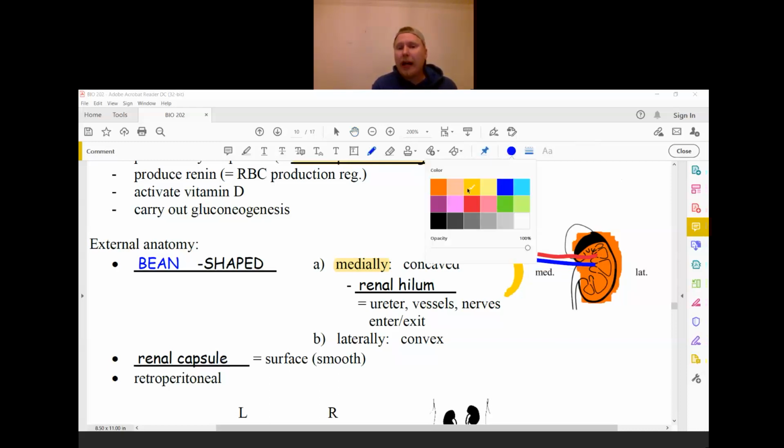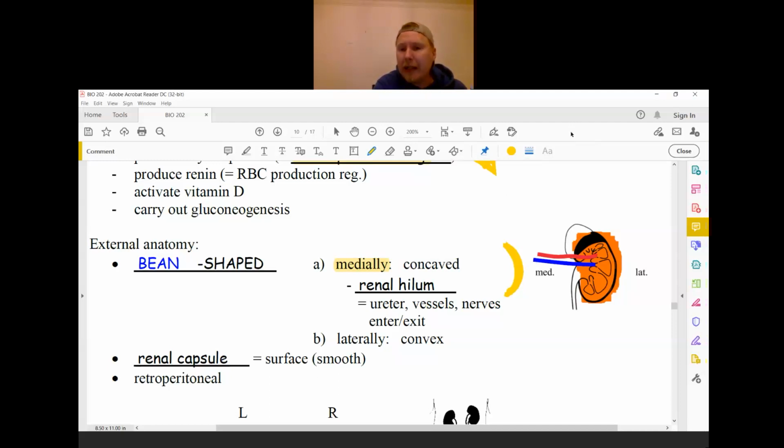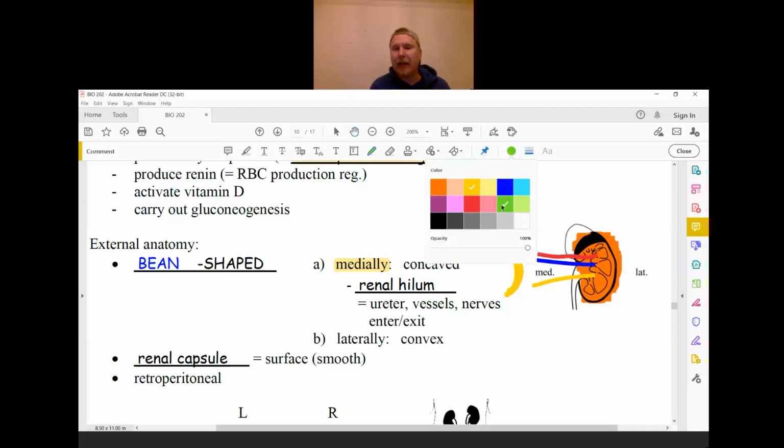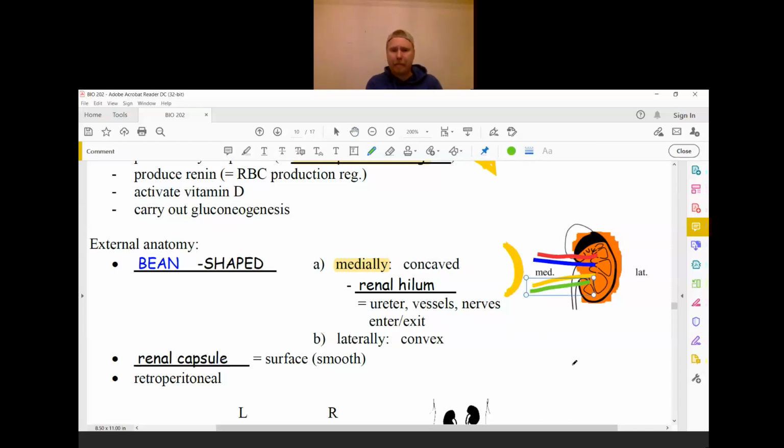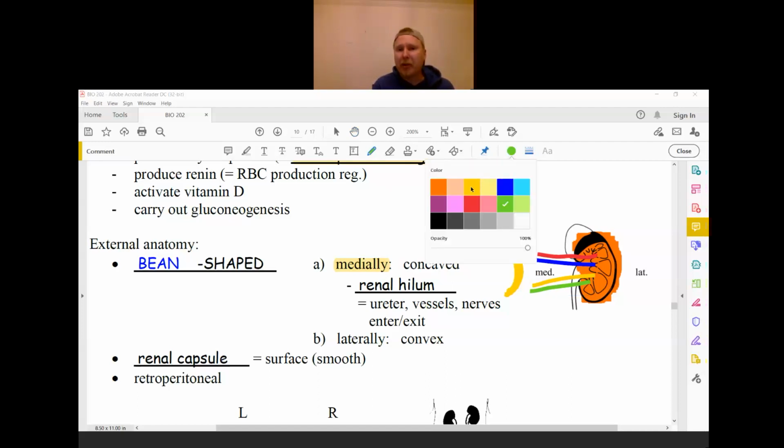In addition to that, we have nerves coming into the kidney, and we even have lymphatic vessels leaving the kidney as well. So a lot of stuff coming in, a lot of stuff leaving, telling us about the importance of it.